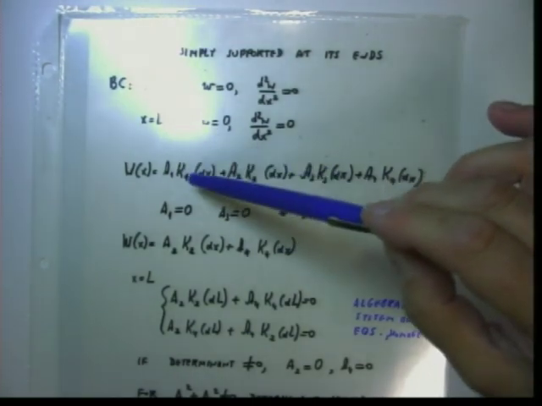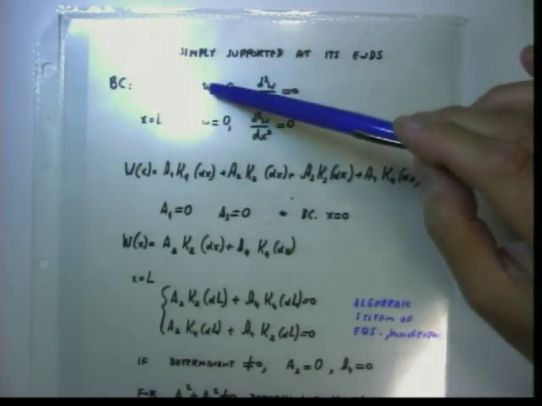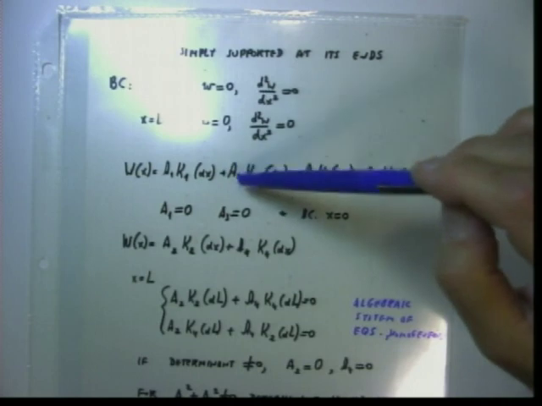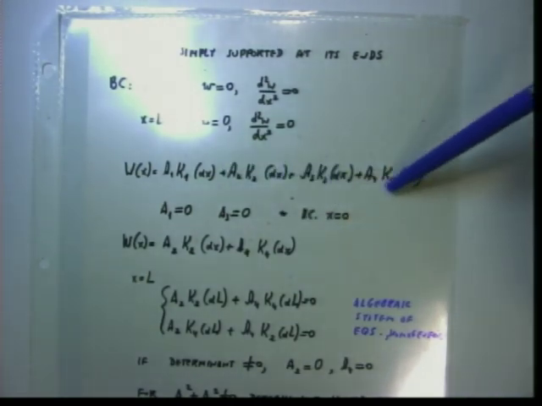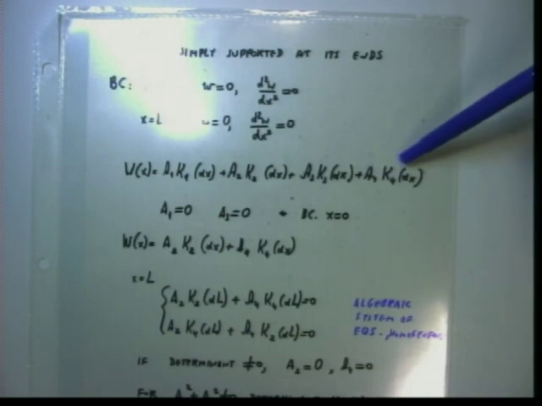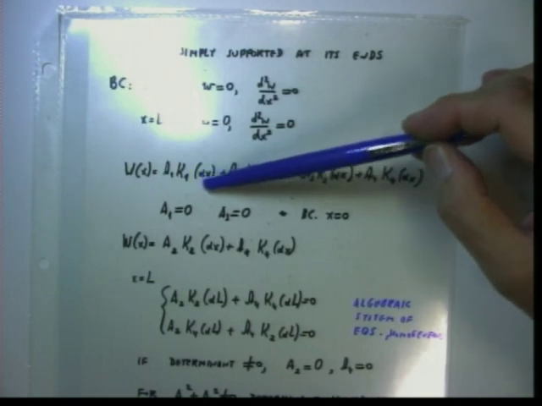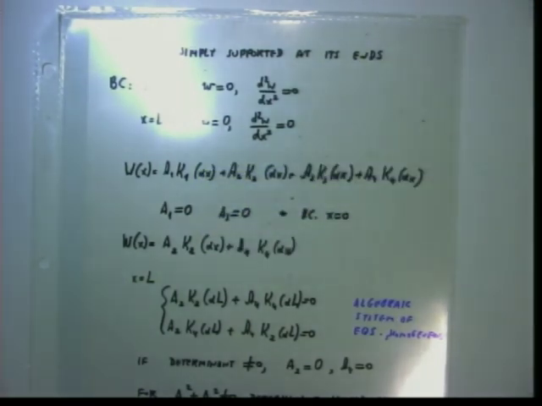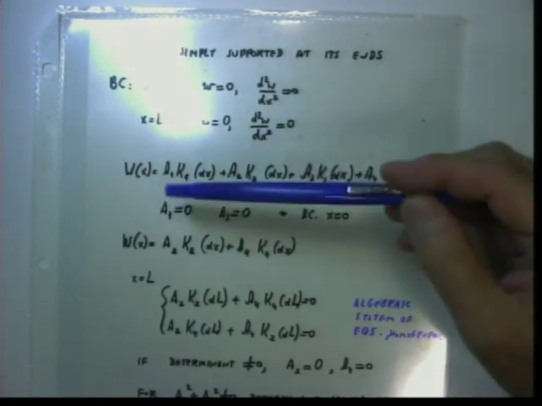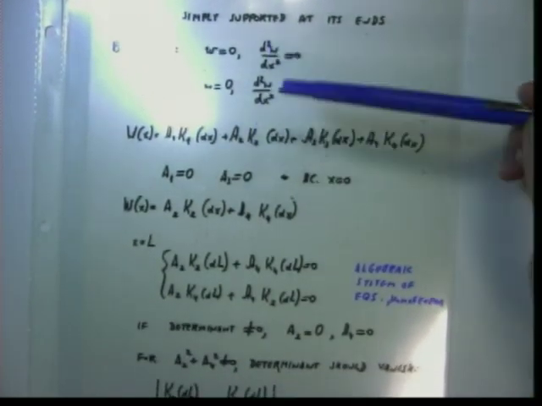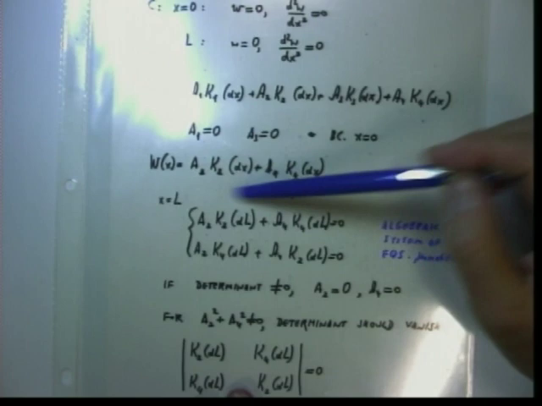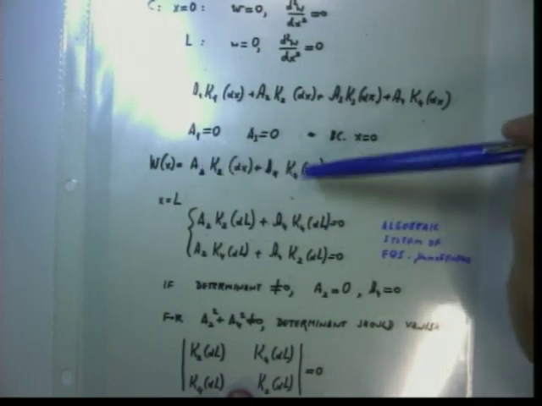So when I evaluate W at 0, these expressions fall out because the K functions take value 0, and we are left with A1 K1. But K1 at 0 equals 1, because it is hyperbolic cosine plus regular cosine. Therefore A1 equals 0. We showed that because of the second derivative, A3 equals 0. So we were left with only A2 K2 and A4 K4.